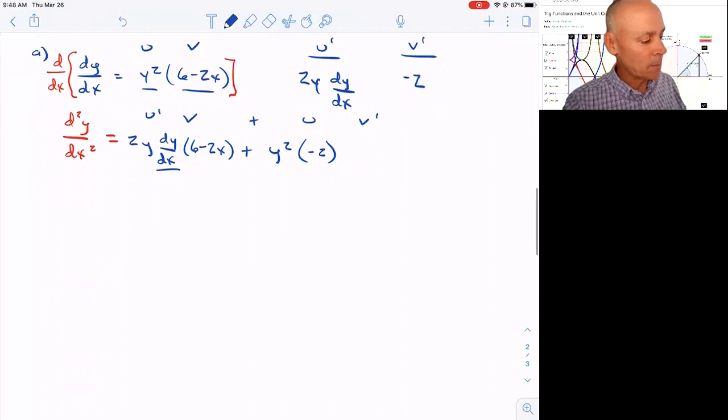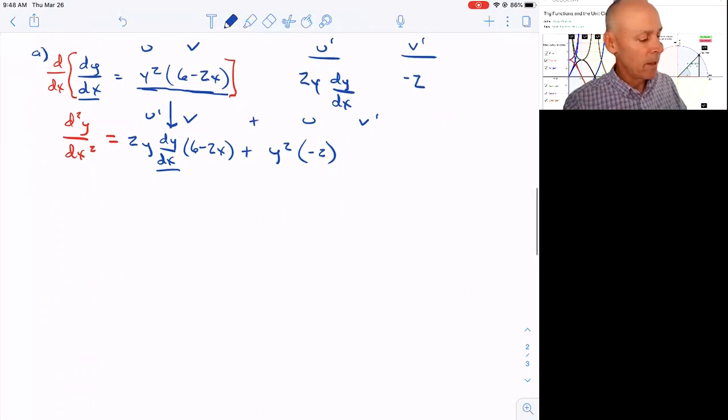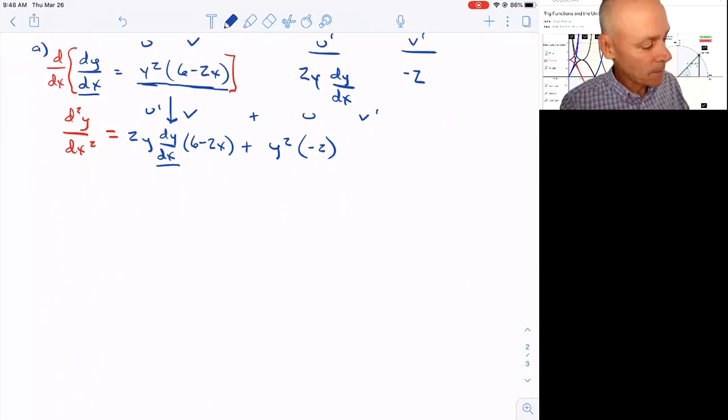So I'm just going to make a substitution. I'm given dy/dx, that's my differential equation. I'm just going to take dy/dx and substitute that in for the dy/dx in my second derivative. So I'm just going to rewrite this.